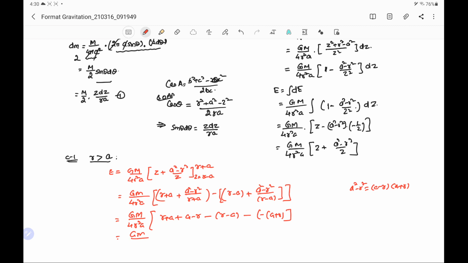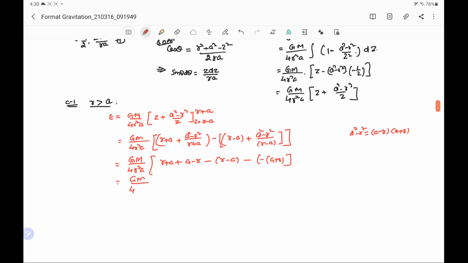So we will get GM by 4r square a, this r and r cancel out, 2a minus r plus a, and opening this plus, this is plus a plus r, and the terms which get cancelled are these.